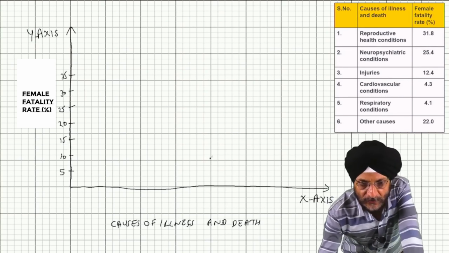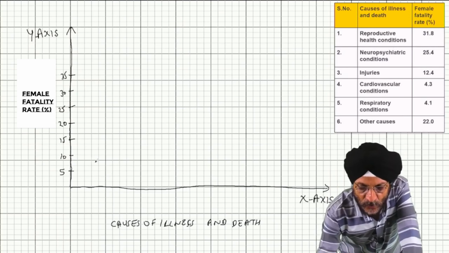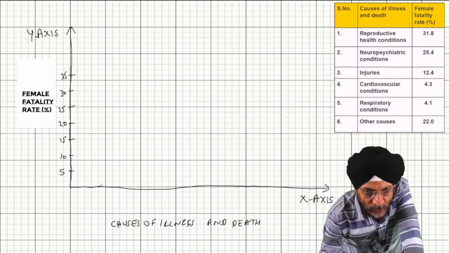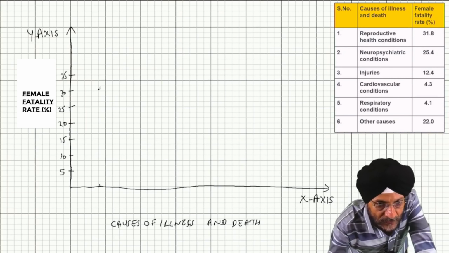So now what is the first? First is reproductive health conditions. We will take here reproductive health conditions up to 31.8.